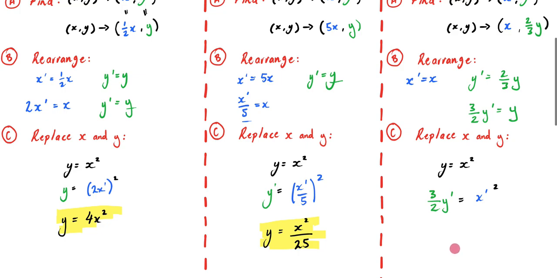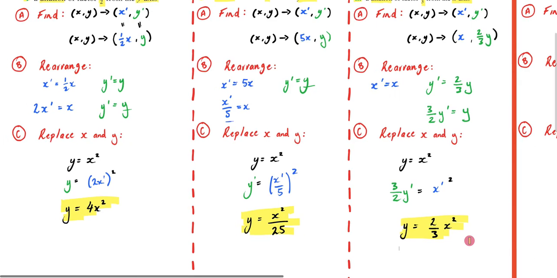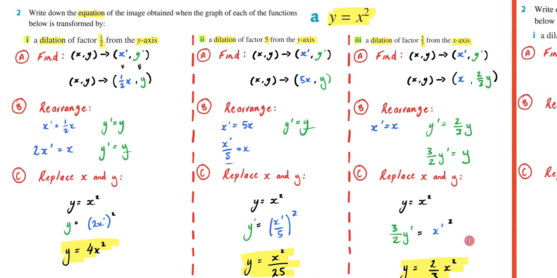So if I was to rearrange this, what I'm going to end up getting is y equals 2/3 x squared. And that will be my final answer. Hopefully this was useful in answering this question, and I'll see you in the next video.